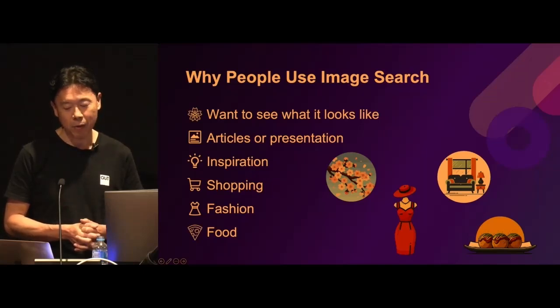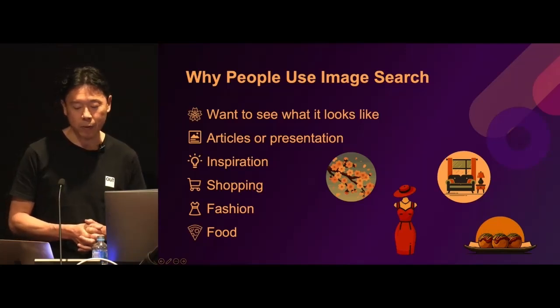Or maybe they want to see a picture of a place they are planning to visit. Other times, people are simply looking for beautiful products or photos. They might want to use these images as inspiration for their own creative projects, or maybe they just enjoy looking at beautiful things.